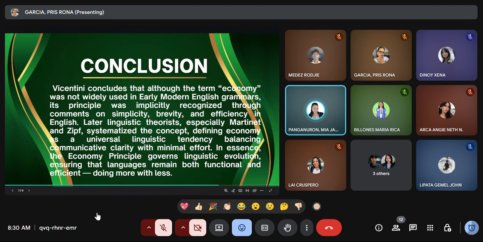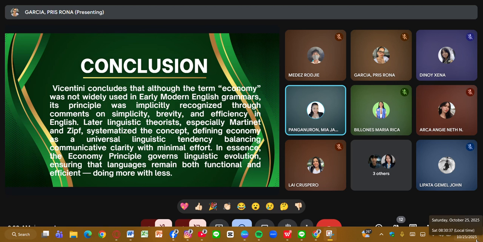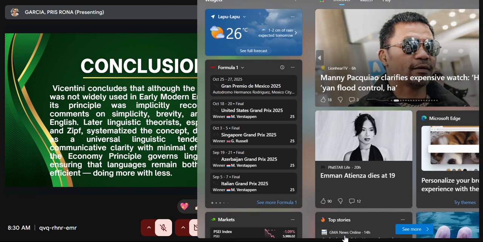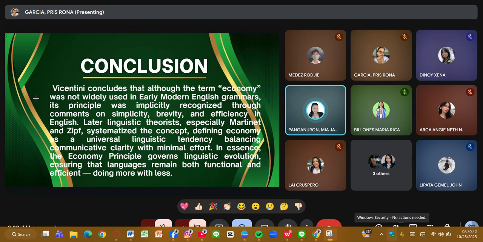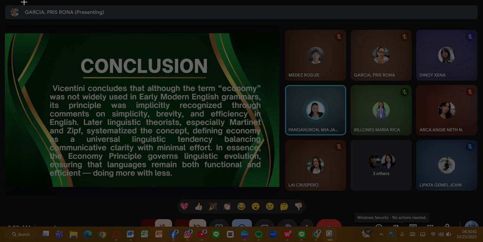Vicentini concludes that even though the specific term economy was not often mentioned in the grammar books of early modern English, the idea behind it was already understood and practiced. During that time, many writers and grammarians valued the qualities of simplicity, brevity, and efficiency in language use.